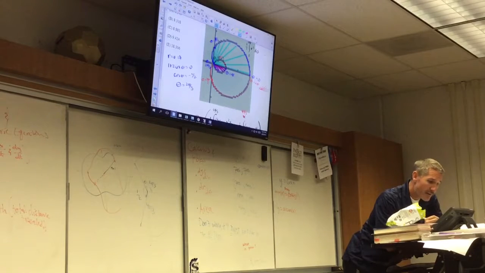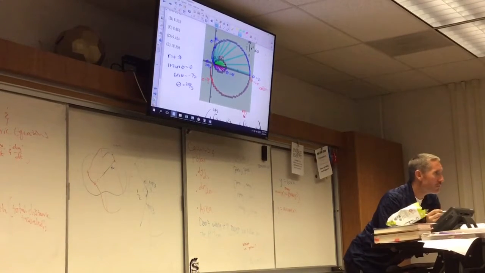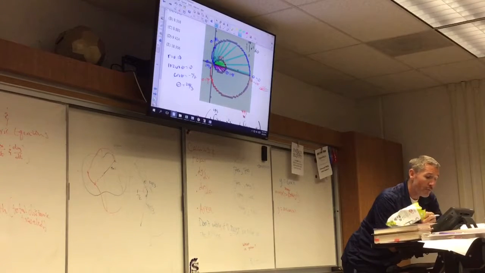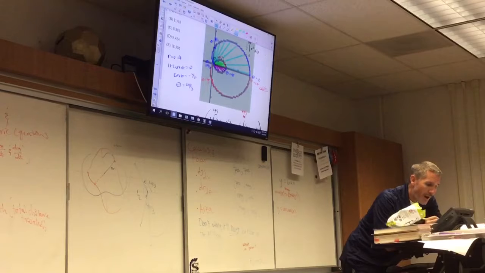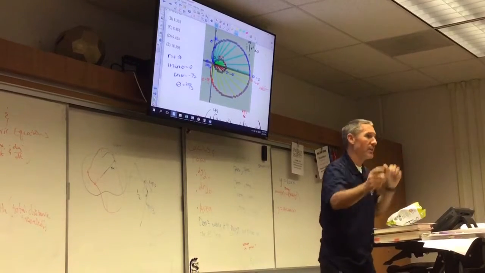Are you seeing that? Because from pi to 4 pi over 3, I'm now having another half of the inner loop. And then if I go from 4 pi over 3 to 2 pi, then it's going to include this stuff, which includes another half of the inner loop. So here's my point in your question.